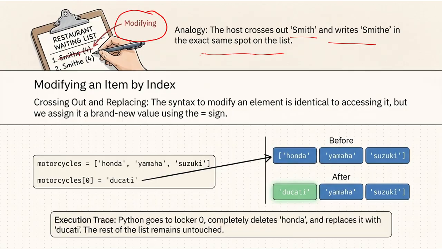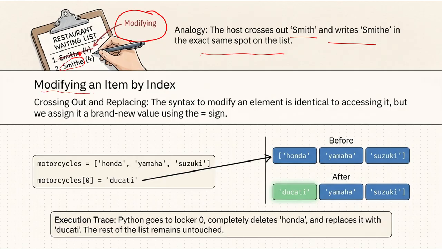If you see over here, he has crossed out Smith, and in that same position he wrote down Smithe. That means he actually changed the value of an existing item. Now we have understood the analogy, but let's see how we do it in Python.